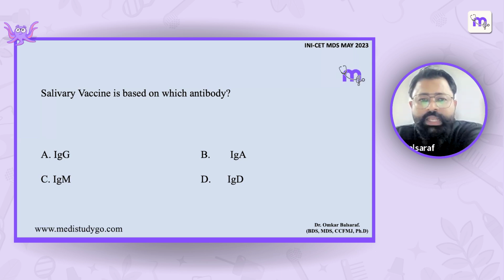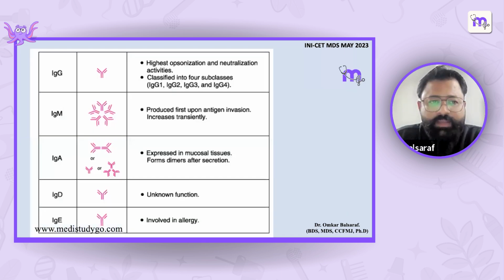If you know what salivary immunoglobulin is, you will get the answer right. It's IgA, because in your saliva there is IgA. IgA forms a dimer after secretion and is expressed in mucosal tissues. So basically it is there in your saliva.